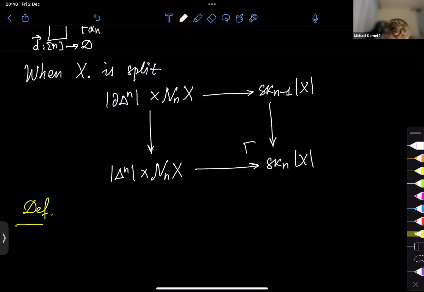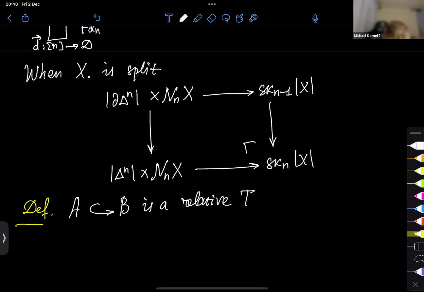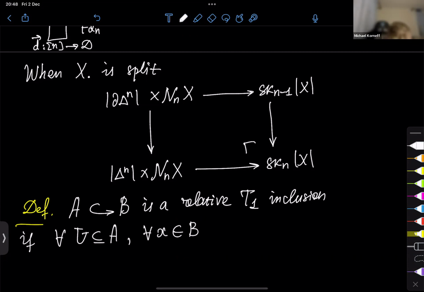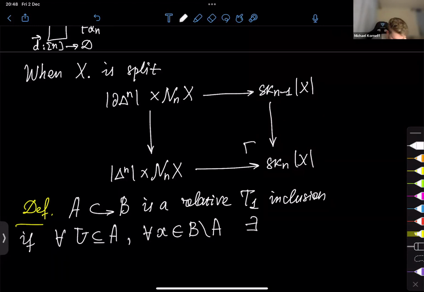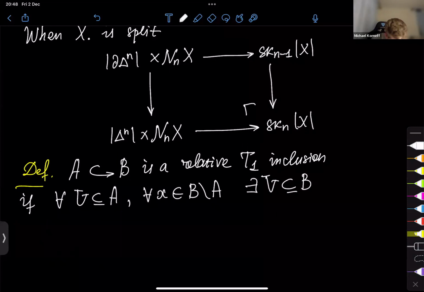An inclusion is a relative T1 inclusion if for any open subset U of A and for any point x in B without A, there is some open subset V of B such that we have the following.